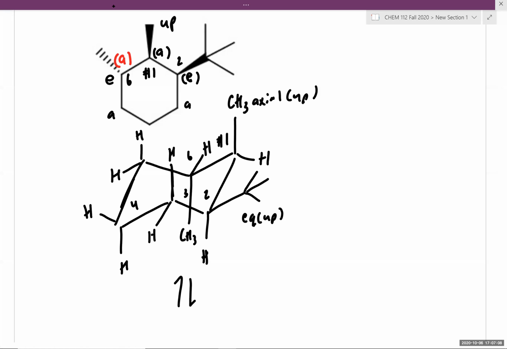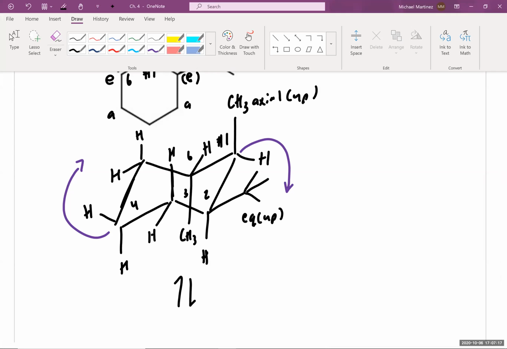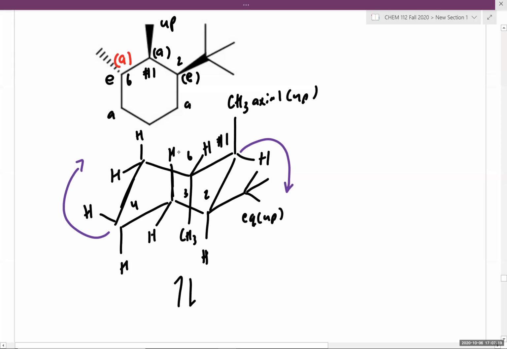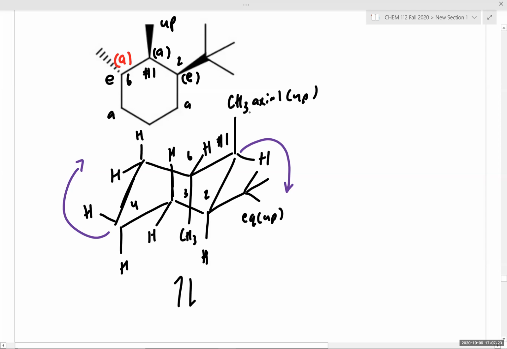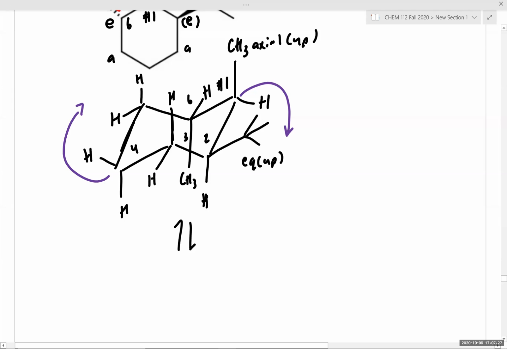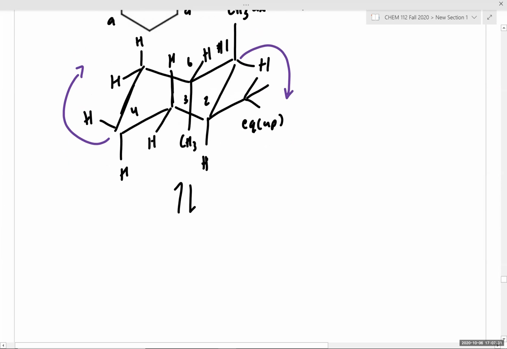So as we discussed for ring flips, carbon 1 is brought down, carbon 4 is brought up, and all of the axial substituents become equatorial, and all of the equatorial substituents become axial. So after a ring flip, we're left with the following chair conformation.